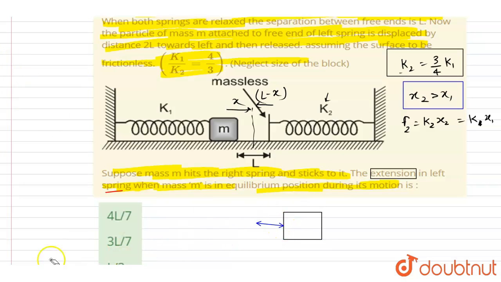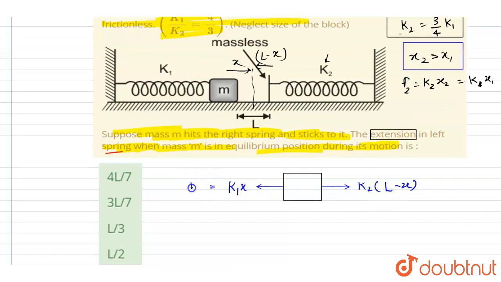Here the force by the first spring will be towards the left since it is extended, and the force by the second spring will be towards the right. So I will write down this is K1 x and this is K2 (L minus x). So this is F1, this is F2. So this can be a case.